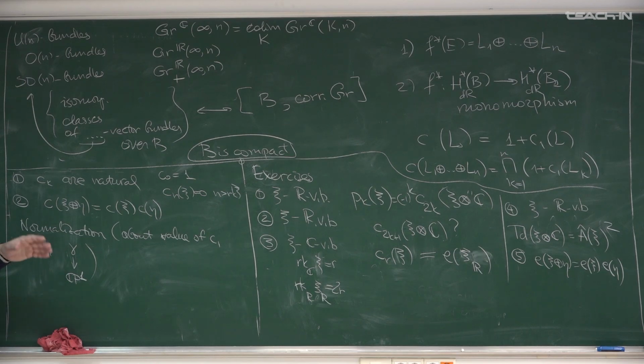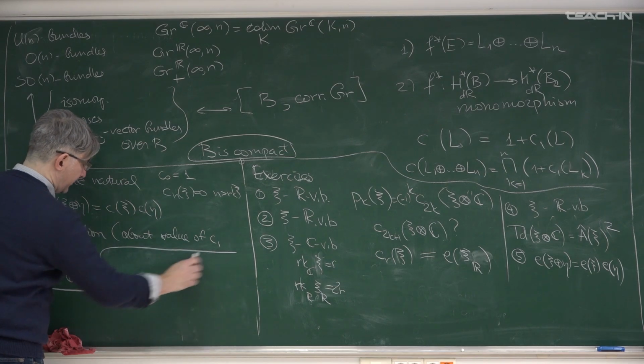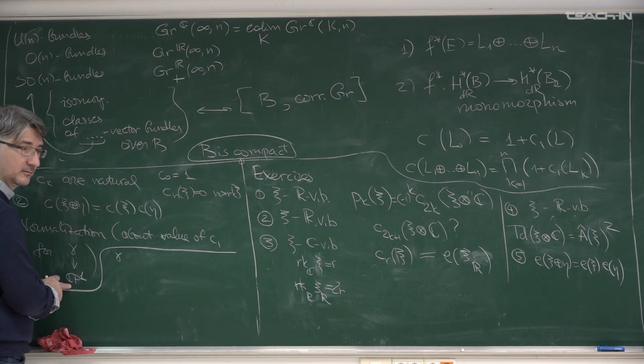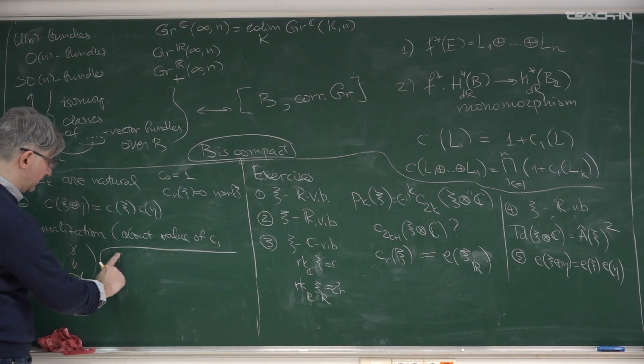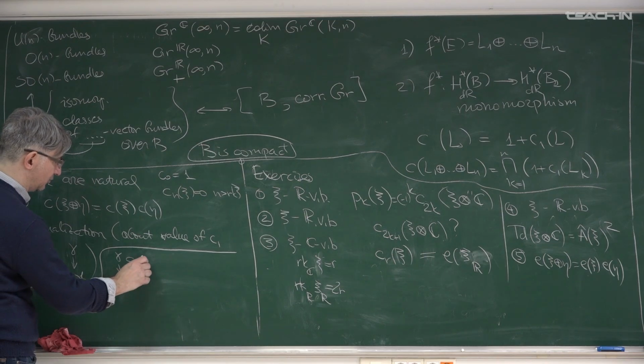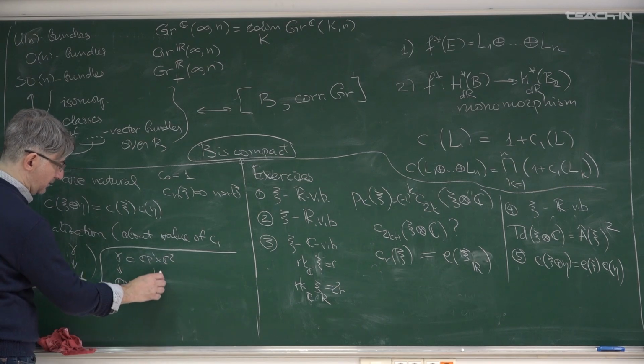What is my unclear statement? Let us embed; so CP1 is, what is CP1? S2. Yes. But with a very specific orientation, because CP1 is a complex manifold, it comes equipped with orientation. So imagine you have the tautological line bundle over CP1, and I want to embed it into CP1 cross C2, the trivial one.